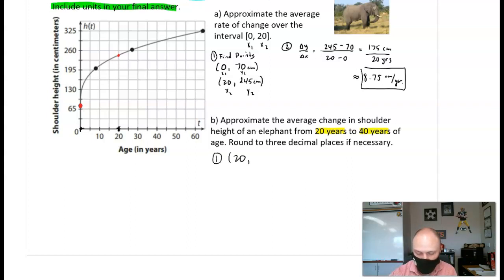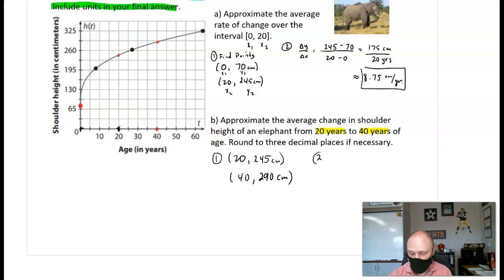At 20 years, we just said the shoulder height of the elephant was 245 centimeters. And at 40 years, here's 40, so that point is right there. Let's say 290 centimeters. Again, I'm approximating. It looks like it's right before there.